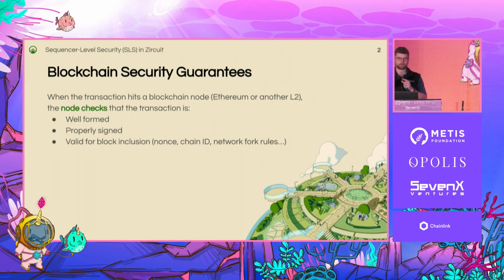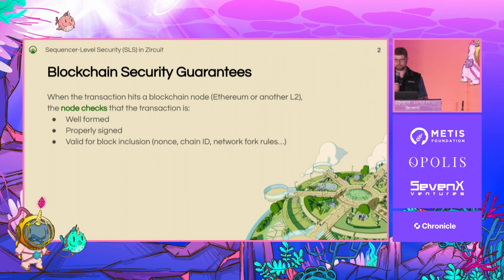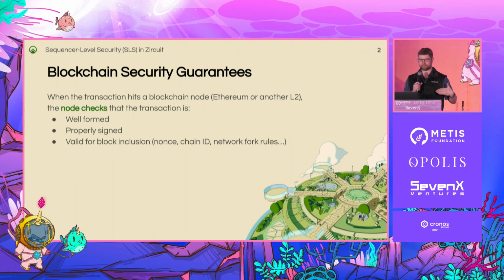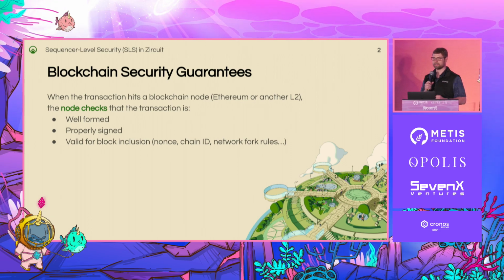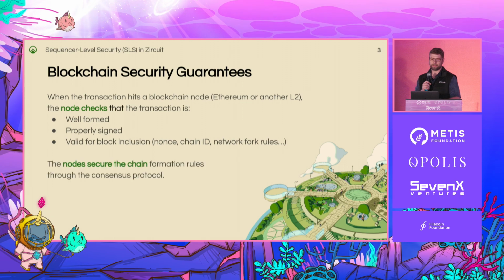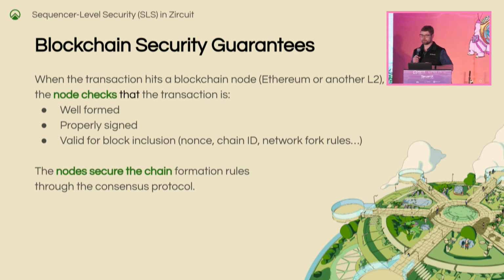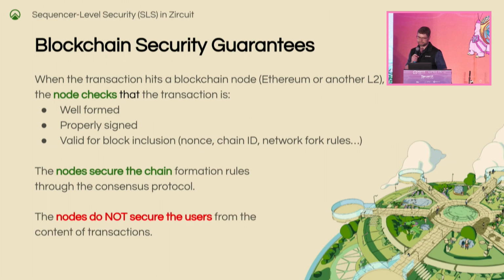So it will check that we have the proper nonce that is expected for the account that is trying to transact, and that it has the proper chain ID, so the transaction was actually meant for this particular blockchain. And then it also checks some other stuff that is introduced by various fork rules and similar things. So the bottom line is that the nodes secure everything that is important for the chain, right? They follow the block formation rules, and they secure the chain by forming the consensus on the content.